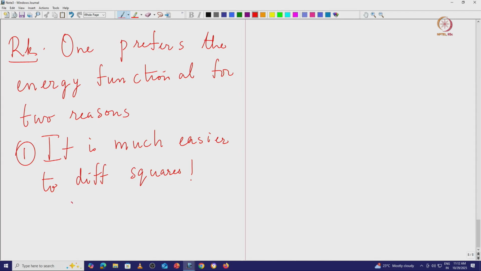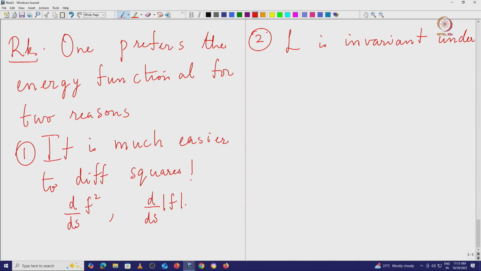Right. So in other words, it is much easier to compute things like d by ds of f squared rather than d by ds of the absolute value of f. The more important reason is that, as we shall soon see, the length functional is invariant under reparametrizations.